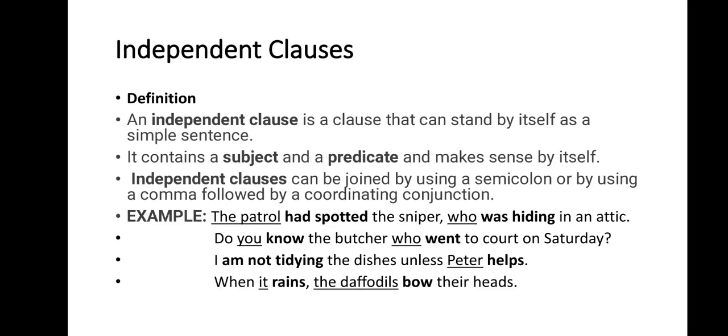You all know what coordinating conjunctions are. Okay, who, unless, when, while, all these are coordinating conjunctions. So see the example. The patrol had spotted the sniper who was hiding in an attic. So what is the independent clause here?